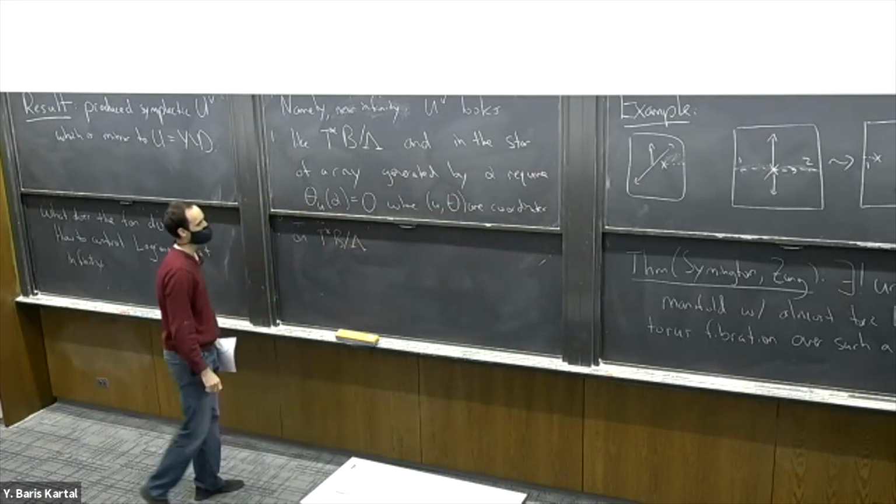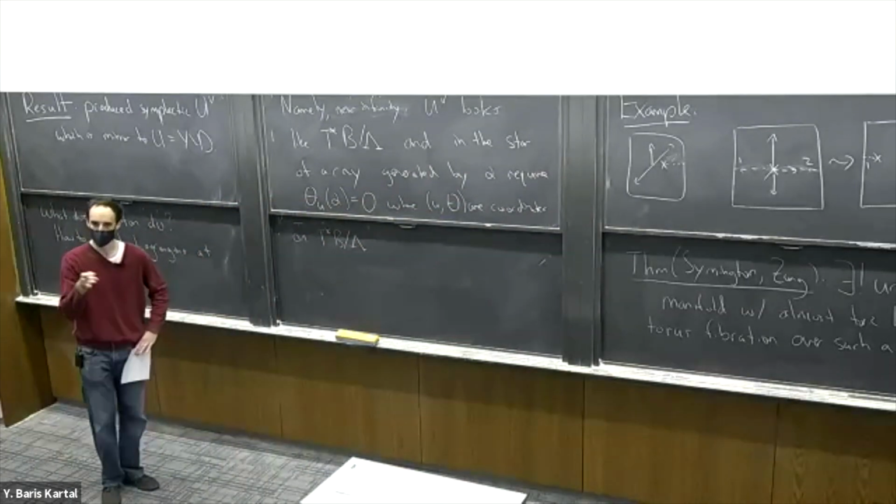And this makes sense because alpha is the monodromy invariant direction in that region.